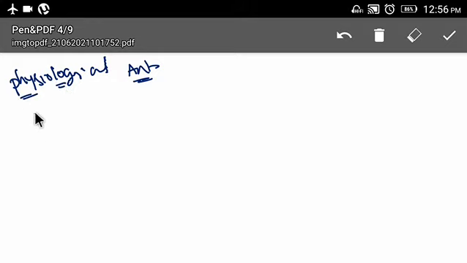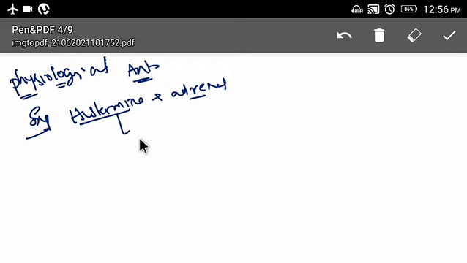Let's take an example, histamine plus adrenaline. Here these two drugs, histamine and adrenaline, act on different receptors. Histamine acts on one type of receptor, adrenaline acts on some other type of receptor.